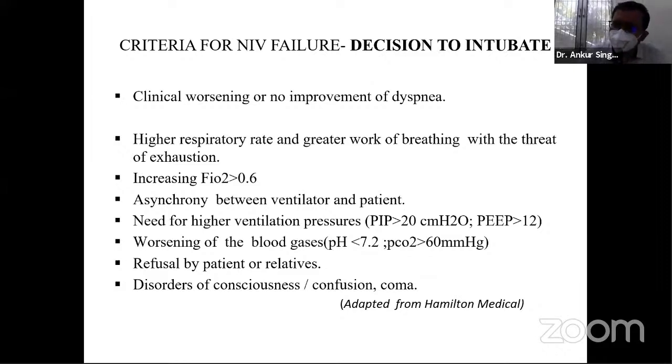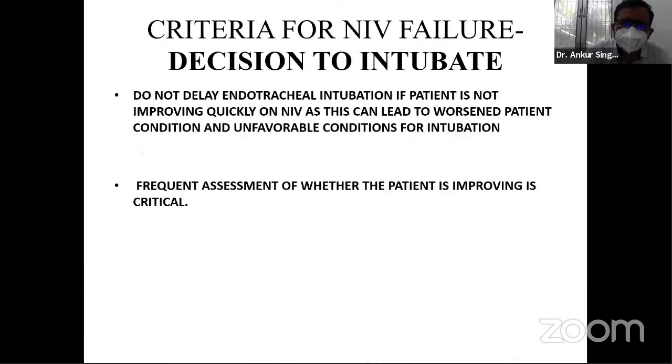Or you are finding metabolic acidosis, CO2 is increasing with respiratory acidosis, worsening of blood gases. Attendants and parents may refuse to keep the child on NIV, not giving consent, and you may have to intubate. Or the child is becoming comatose, confused, unconscious. These are clinical worsening, and they are the indications for intubation.